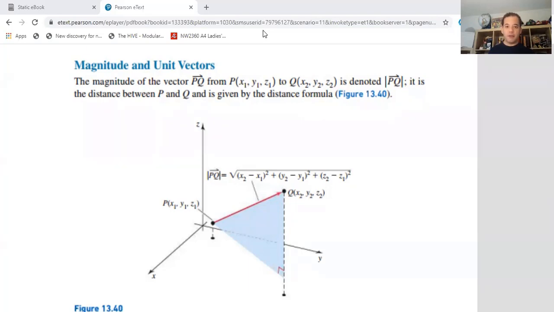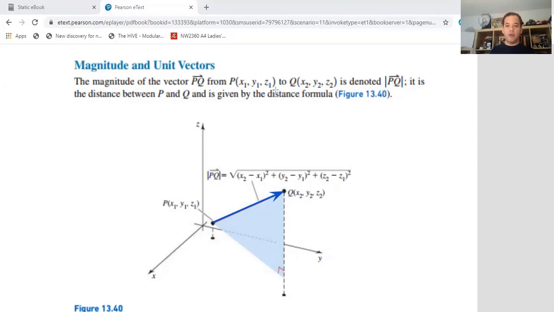And this vector has a tail and a head. And the tail and the head are these points with coordinates x1, y1, z1, and x2, y2, z2. And last time, we already found how to figure out the distance between two points, or the length of a segment. And it was exactly this formula that you see right here on top.